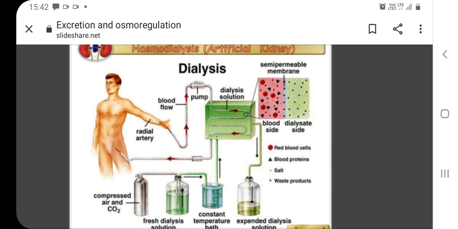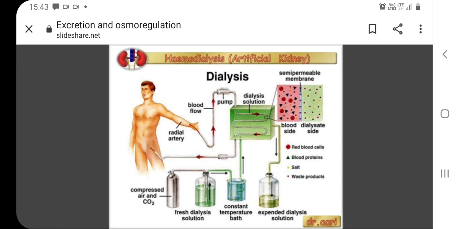The yellow colored dots are the solute or the salt, and the brown color dots are the waste products. So from the blood, the solute or the salt and waste products are removed from the system.